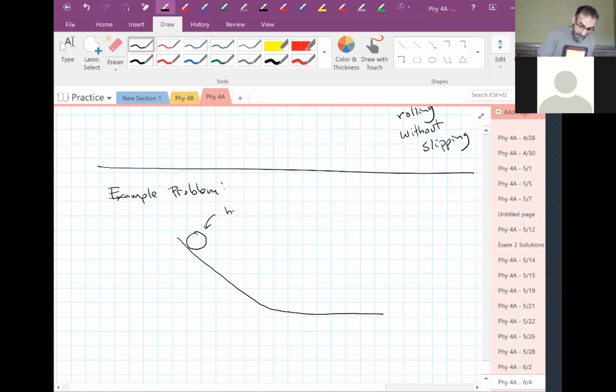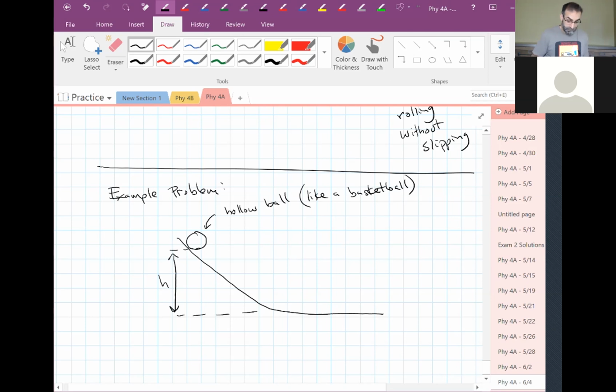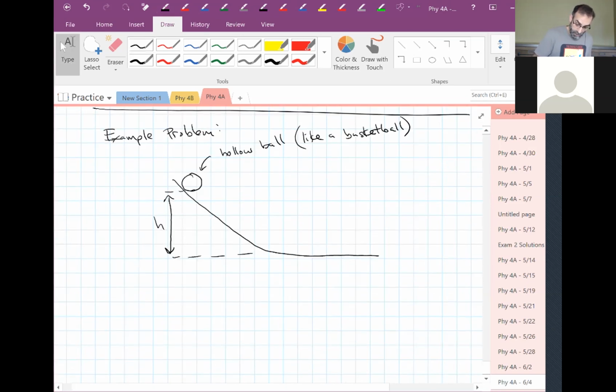Let's make it a hollow ball, like a basketball. And we know the height that it starts out. Well, let's see, we have to know more than that. Given, the ball rolls without slipping.